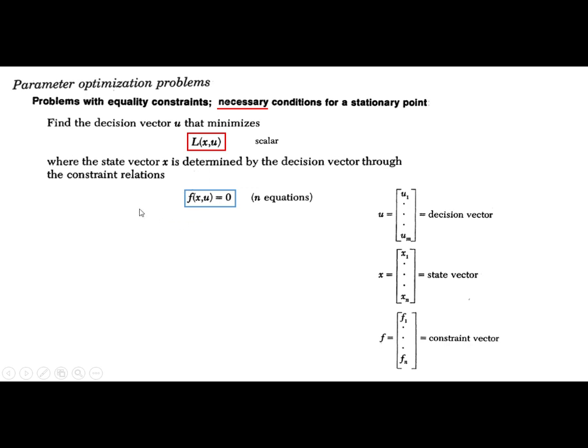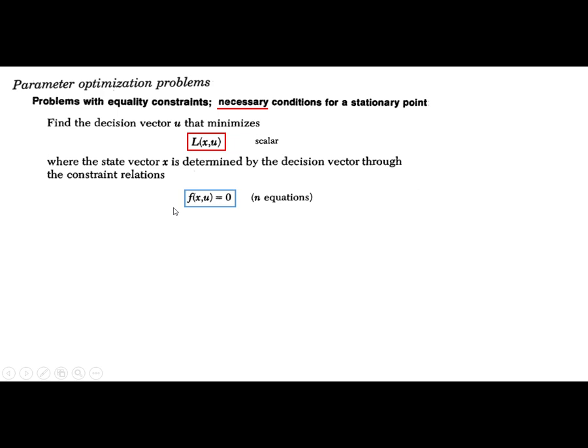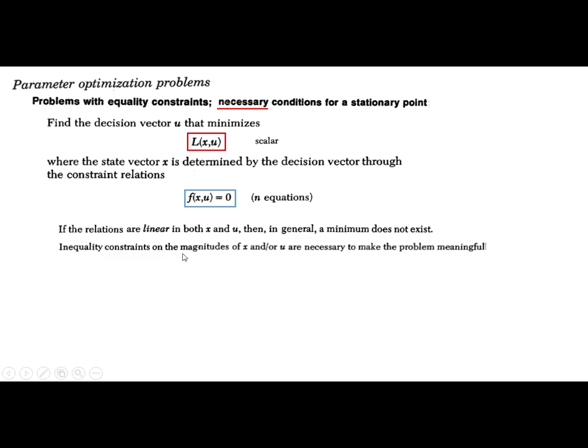If both functions L and f are linear in the parameter variables u and x, then, in general, a minimum does not exist. Therefore, inequality constraints in such cases are essential to make the problem meaningful. Problems with linear index of performance function, along with linear inequalities, are called linear programming problems.